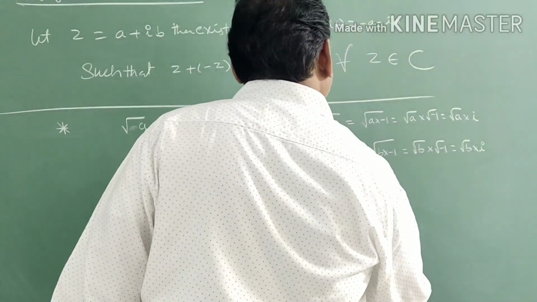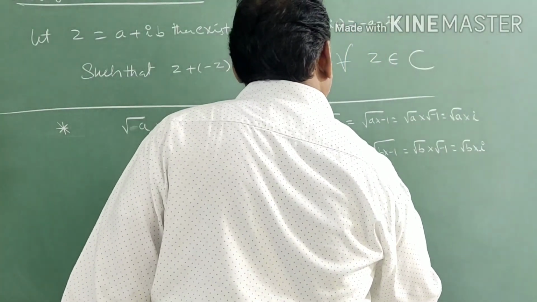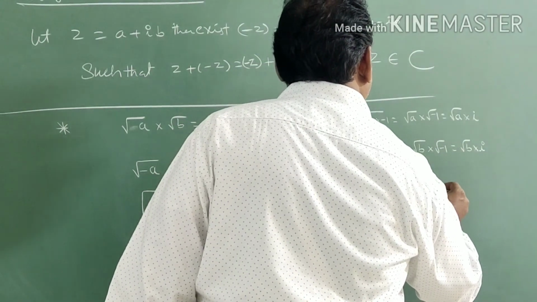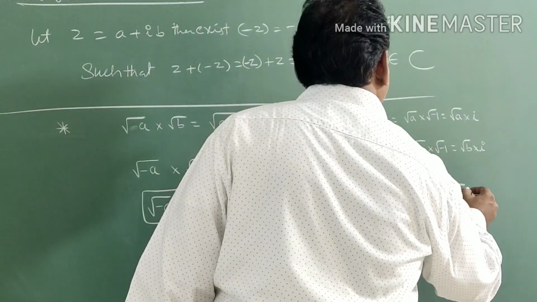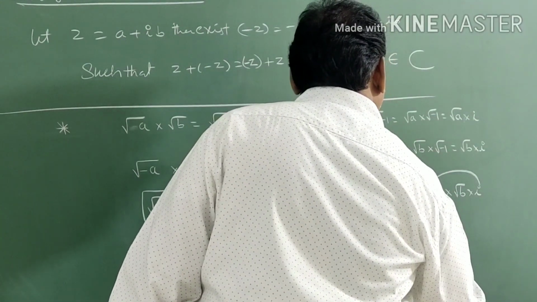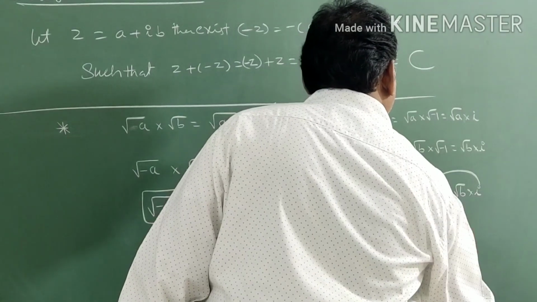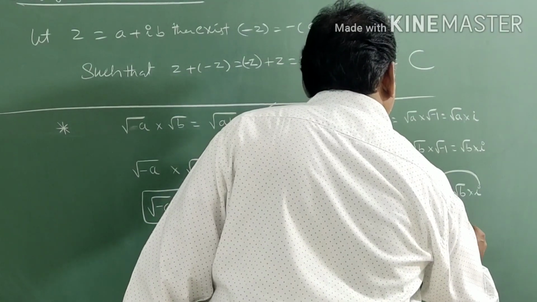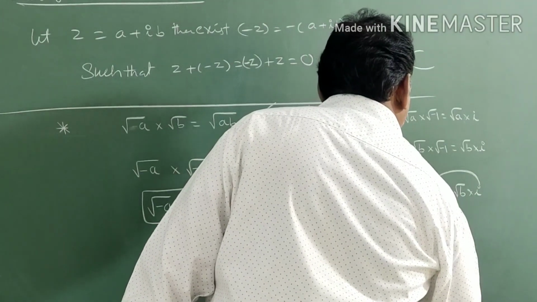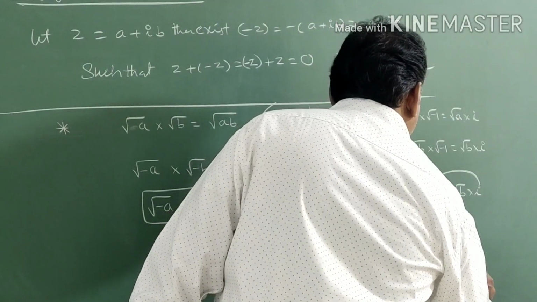Now root over minus a into root over minus b equals root a into i into root b into i. Multiplying i into i gives i square. Root a into root b is root over ab. The i square value is minus 1, into root over ab, that is nothing but minus root over ab.